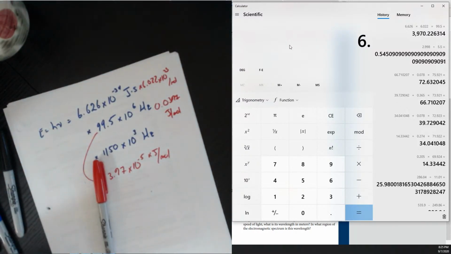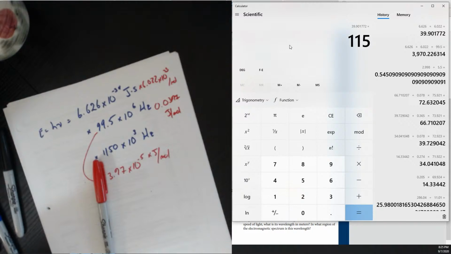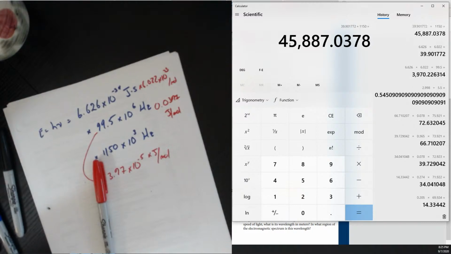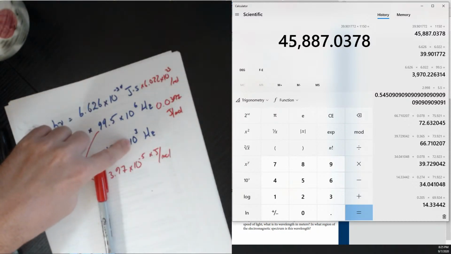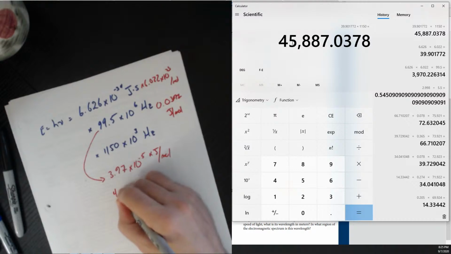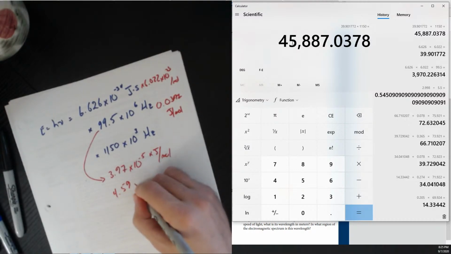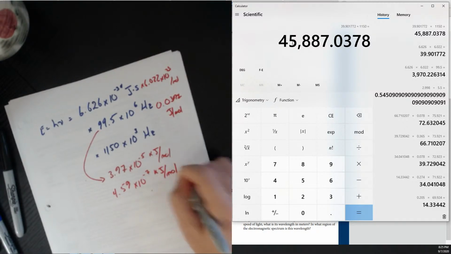The other one, all right, negative 11, negative 8, 7, 6, 5, 4, so that brings it to negative 7. 4.59 times 10 to the negative 7th kilojoules per mole.